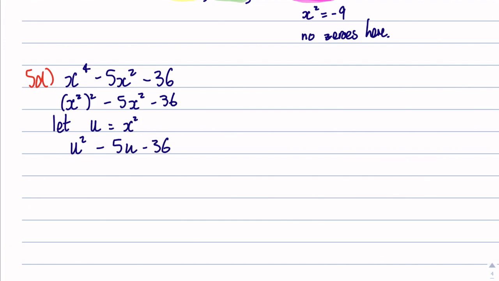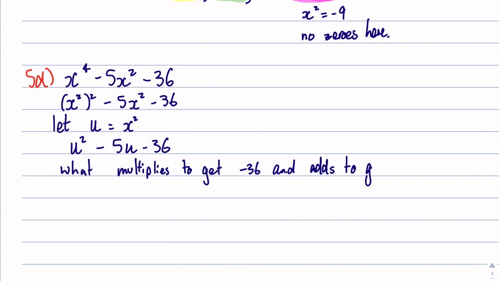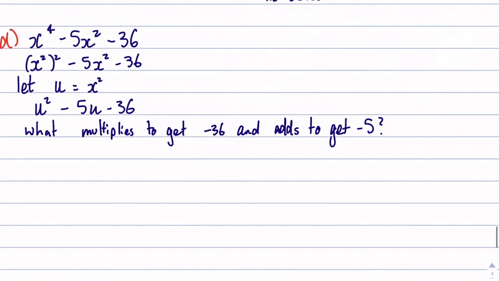And this one we know how to factorize because what multiplies to get negative 36 and adds to get negative 5, negative 9 and positive 4. Yep. So we can rewrite this as u take 9, u plus 4.